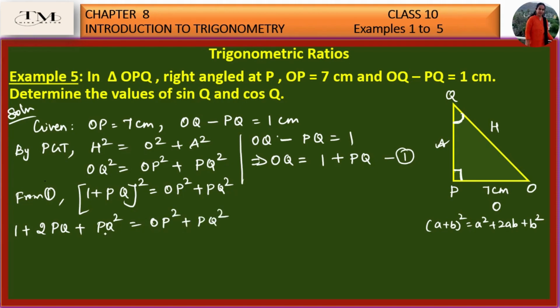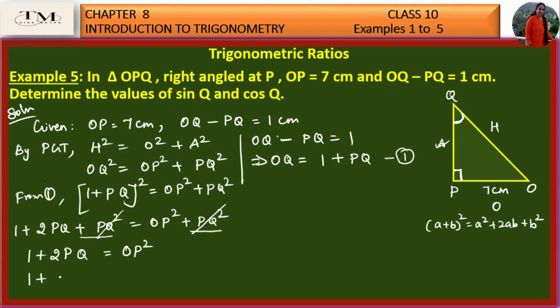So on both sides we have plus PQ square. So both get cancelled. If there is the same value on both sides, the value gets cancelled. So the remaining is 1 plus 2PQ is equal to OP square. What is OP square? OP is 7.